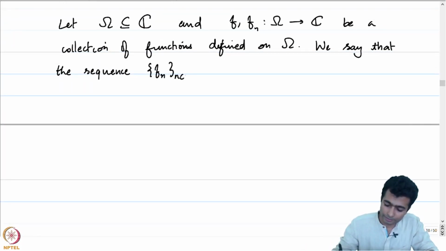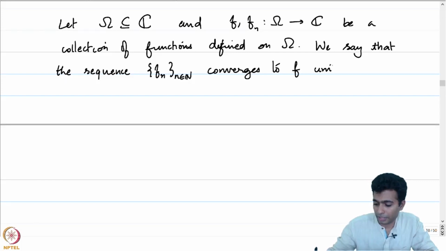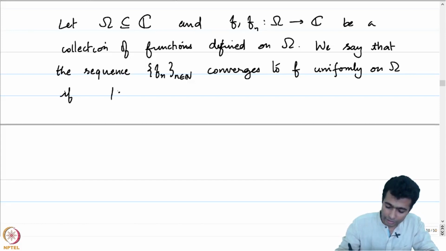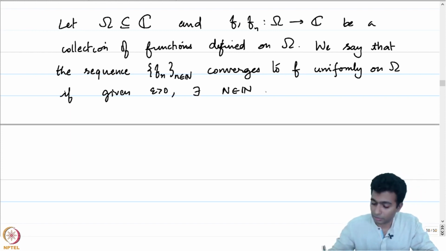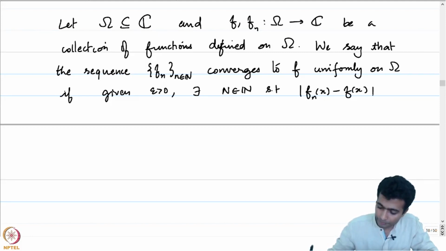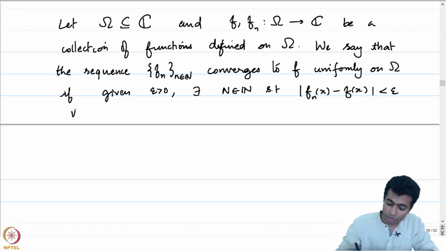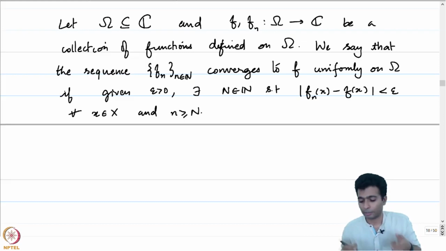Fn converges to f uniformly on omega if, given epsilon positive, there exists some n in natural numbers such that the absolute value of Fn of x minus f of x is less than epsilon for all x in capital X and n greater than or equal to capital N. So this n does not depend on the point x, it just depends on epsilon.